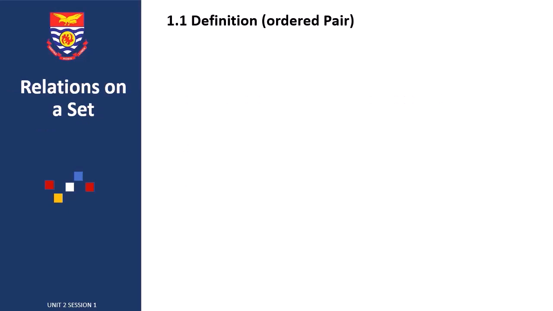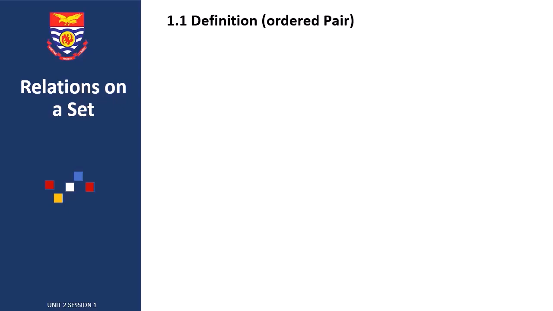Relation on a set. If you remember, we said that a set is a well-defined collection of objects. That is, it is defined in such a way that we can determine for any given value x whether or not x belongs to the set. The objects that belong to a set are called its elements or members, and we said that sets are denoted by capital letters such as A, B, C, and the rest.